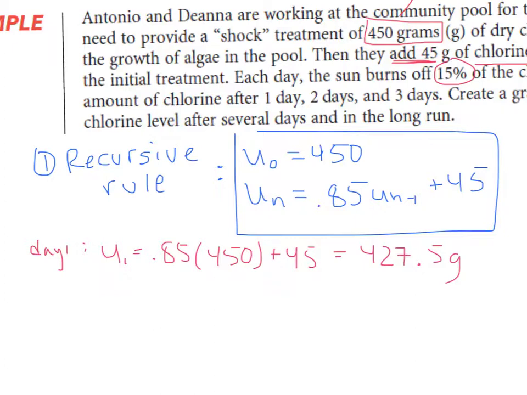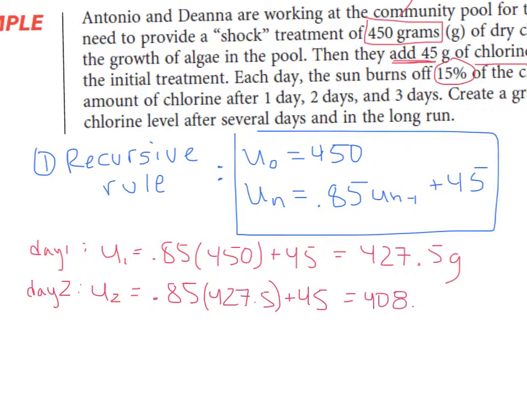So then continuing that pattern to find day 2, that's U sub 2. We multiply our previous term, which we just found was 427.5, and then we add 45 to it. And if you do that, you get 408.375.